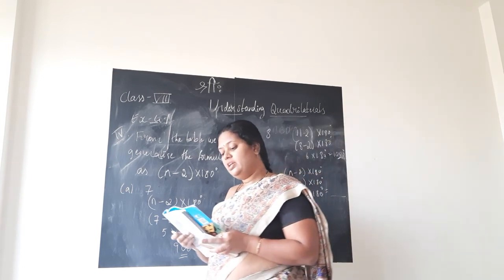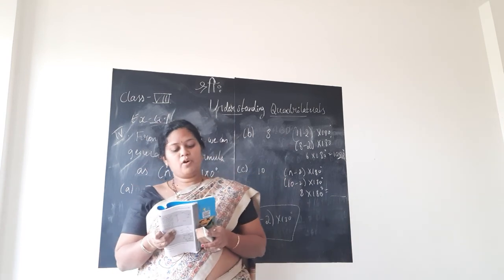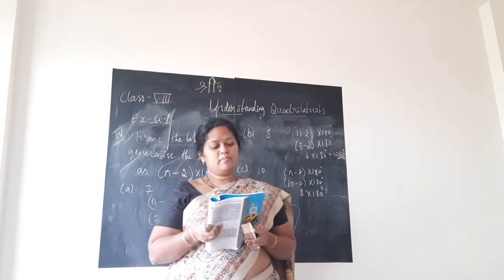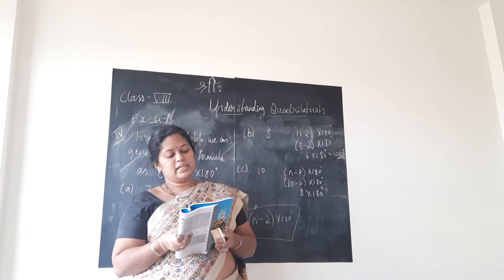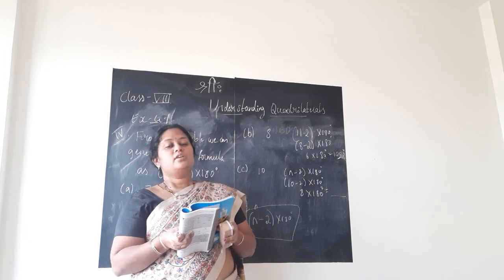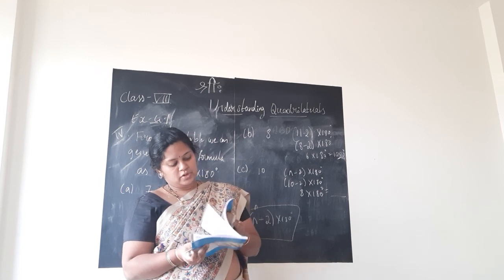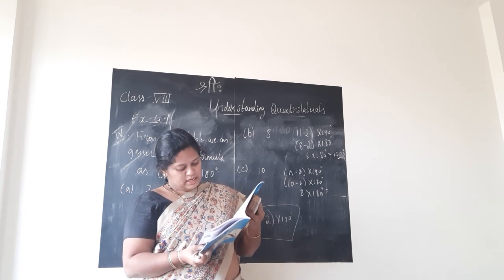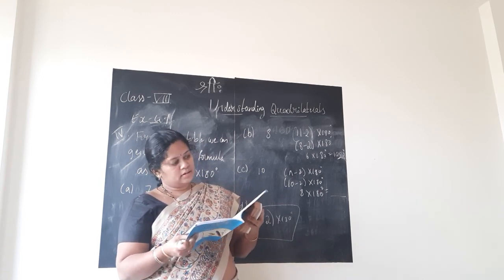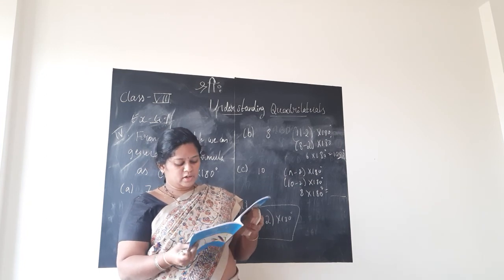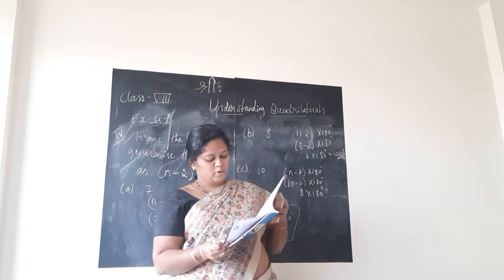Next, fifth main, what is a regular polygon? State the name of the regular polygon of 3 sides, 4 sides and 6 sides. So what is a regular polygon? The answer for this, children, you have in page 49 in your textbook, under the heading polygon.